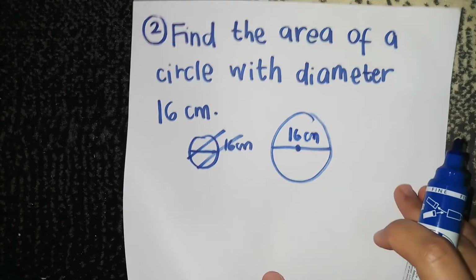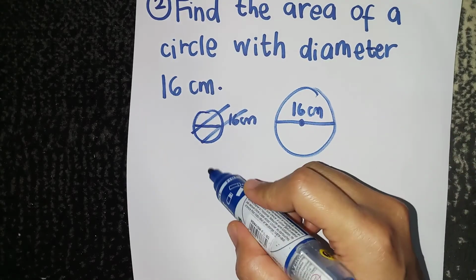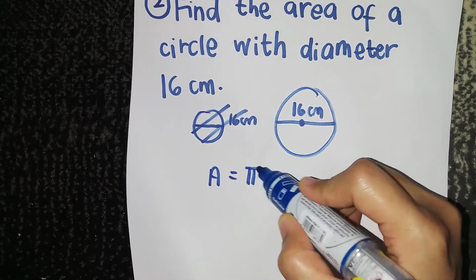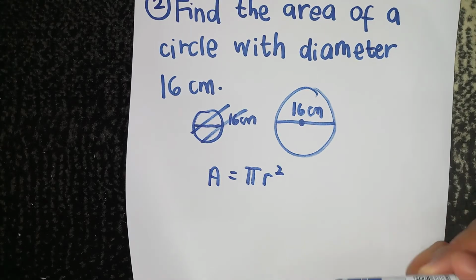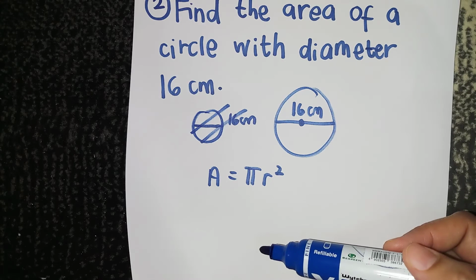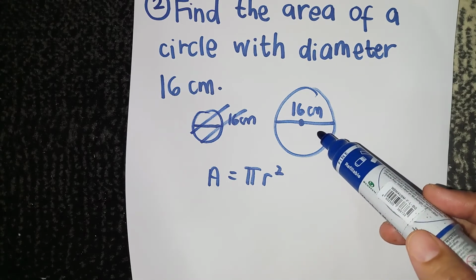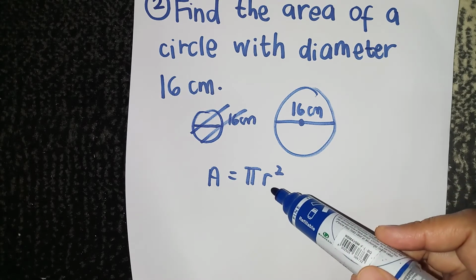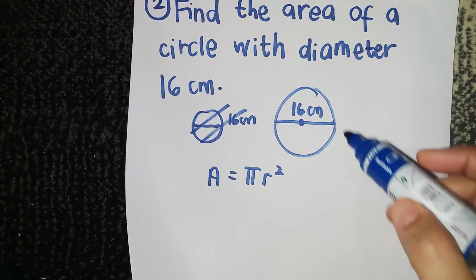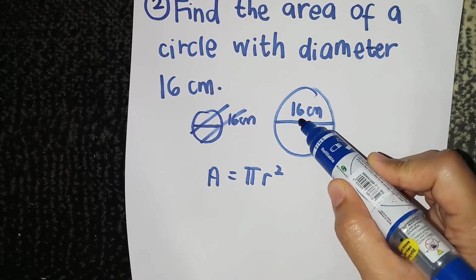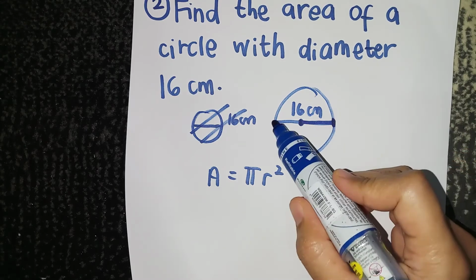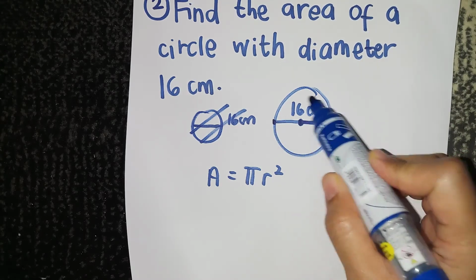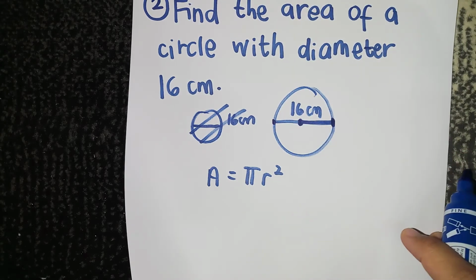We know that the formula for the area of a circle is A equals pi r squared. We don't have D inside the formula, but the given information in the question is D. I want to use r, so what is the value of r here? Remember, r is from the center to one side only. From one side to the other side is 16, but I want half of that only.